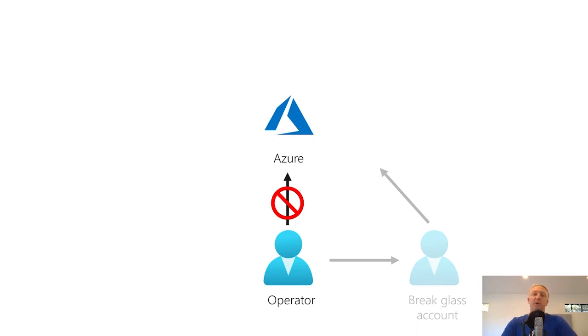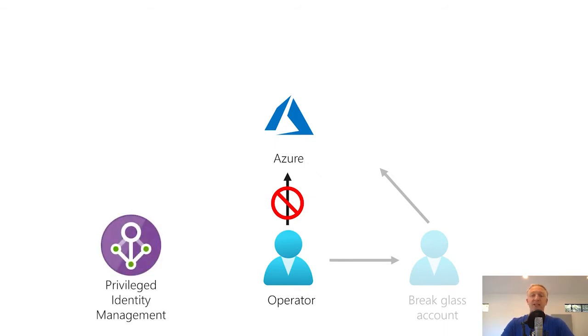And this works well, but there is another option that's provided by Azure Active Directory called Privileged Identity Management. So you can configure this to allow just-in-time access. What this enables really is no standing group membership to highly privileged accounts.